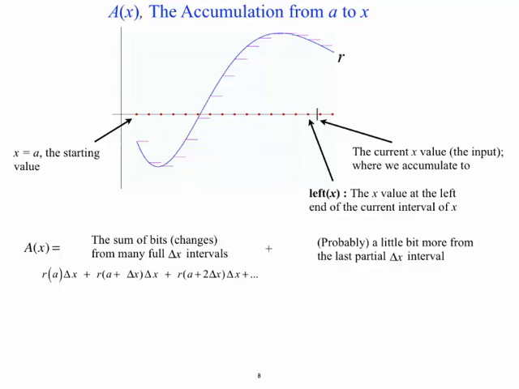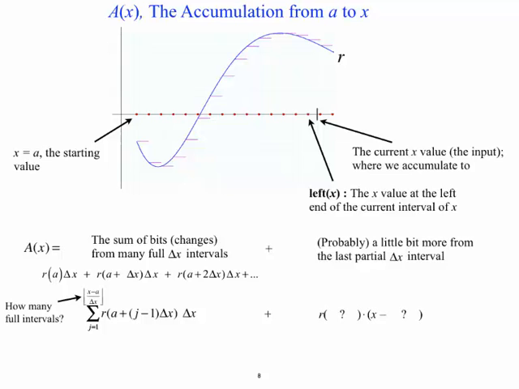So we saw how we figured out how to sum up bits from the full intervals. The question is, how many full intervals? We've done this before. What's the key? How many full intervals? The floor function of x minus a over delta x. That's how many full intervals we have.